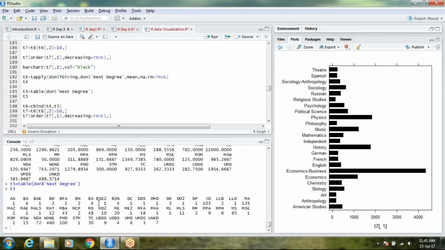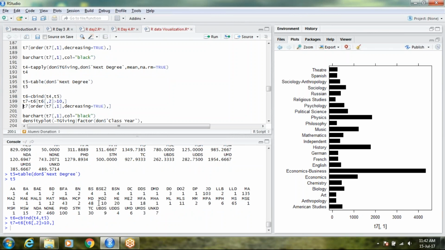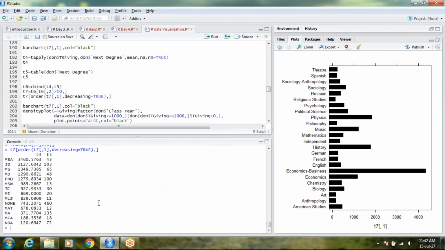So let's do that here. cbind, choosing only those with more than 10, and then ordering them according to the donation that has been provided. The one who does an MBA provides the most, then JD, then MS, then MD, PhD, and so on.